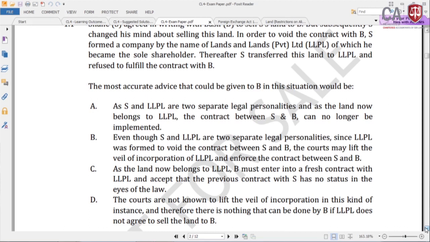C, as the land now belongs to LLPL, B must enter into a fresh contract with LLPL and accept that the previous contract with S has no status in the eyes of law. Now that cannot be done, because the company will not come into a different agreement in this case. The only catch is against Shane.